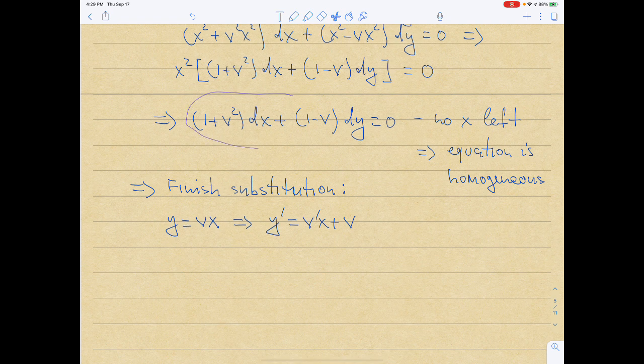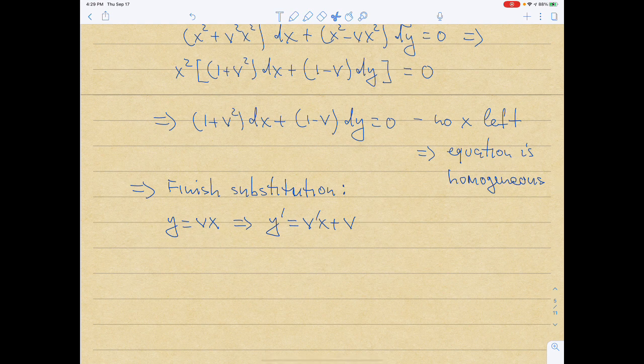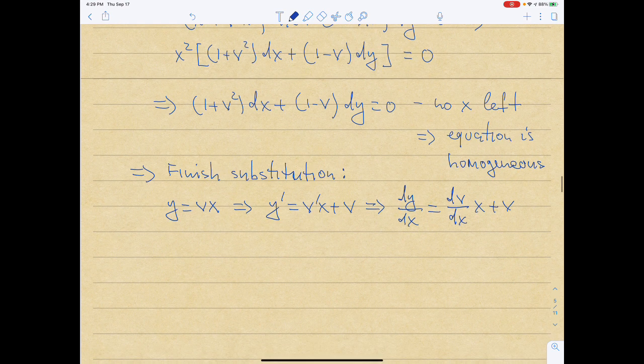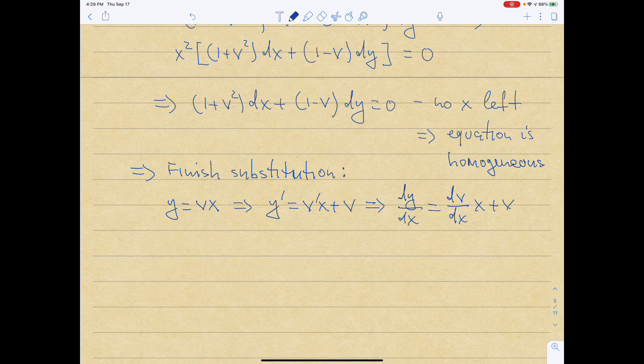Since my equation is written in a differential form with dx and dy, we have to rephrase the statement in terms of differentials. So dy over dx, that's what y prime is, is dv over dx, v prime, times x plus v. And then we are going to multiply both sides of this by dx.